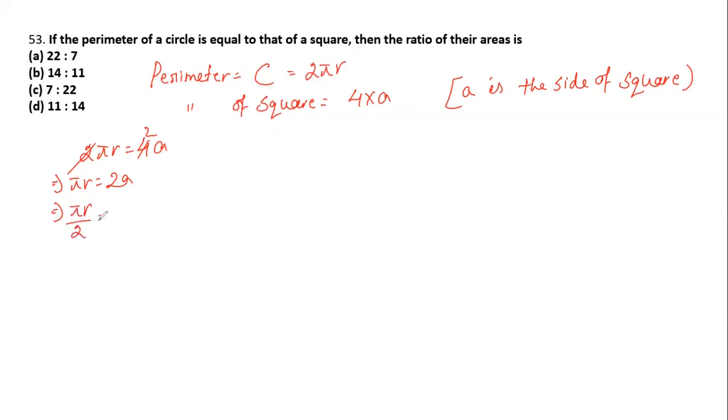Pi r upon 2 is equal to A. The value of A has come.